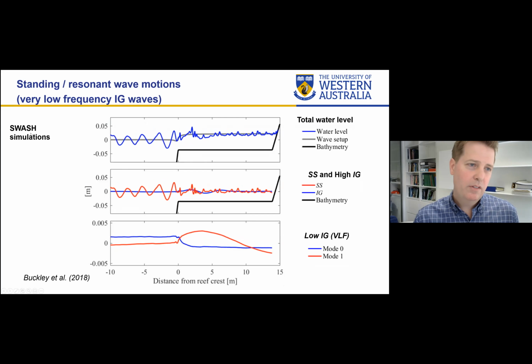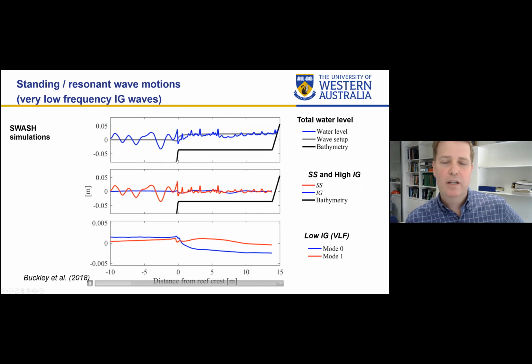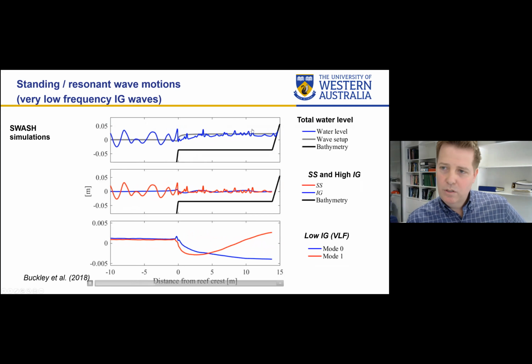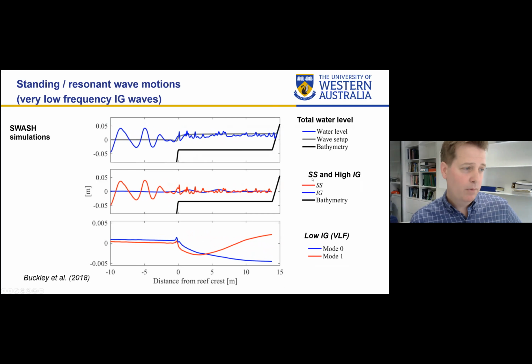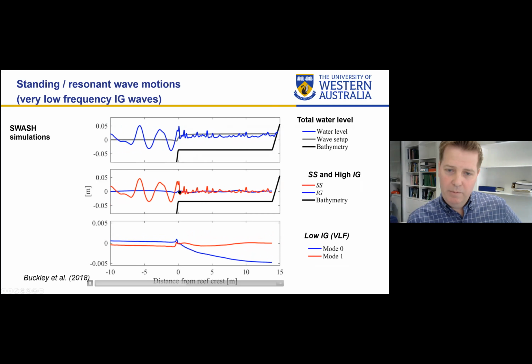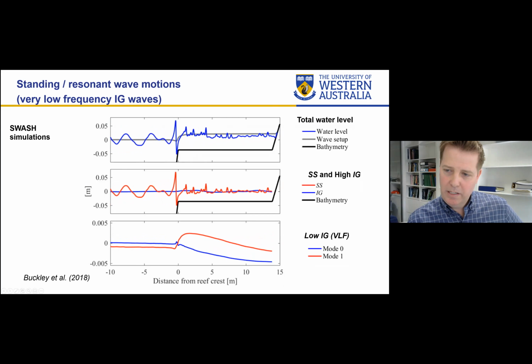I won't talk about these in detail, but these are SWASH phase resolving wave model simulations of these cases, and it's good to illustrate what's actually happening, where we can get the total water level signal out of SWASH and decompose that into those same frequency bands. We can see when these waves approach the reef, they break and the sea swell waves are dissipated.